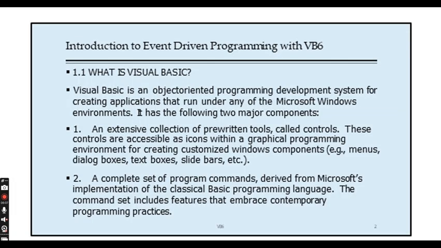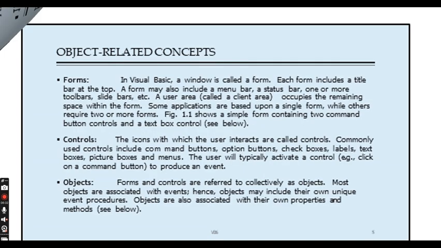For example, when you want to issue a command, a button is designed or put on a form for you to be able to program that command. On clicking that command, it will bring some predefined action. That is what we call a control. We shall be looking at various controls as we move on.